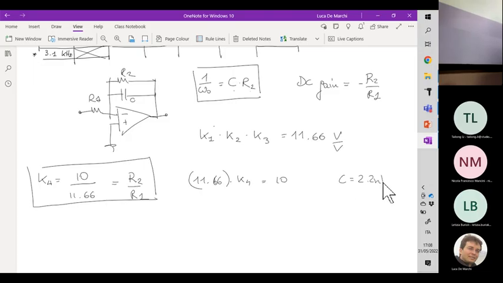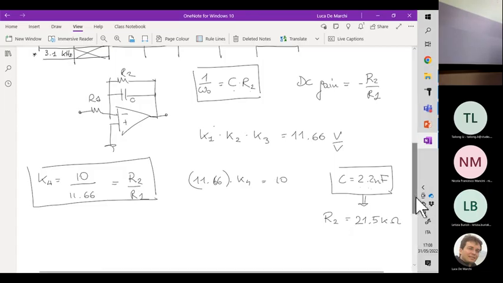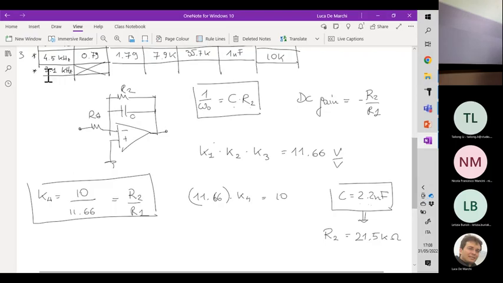This is an arbitrary choice. If you select this quantity here, then you must pick as resistor R2 this value here, 21.5 kilo, because C times R2 with sufficiently good approximation gives you the inverse of this quantity.